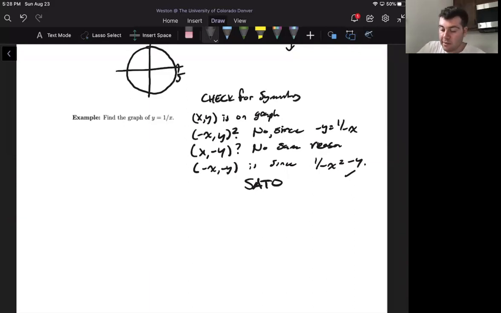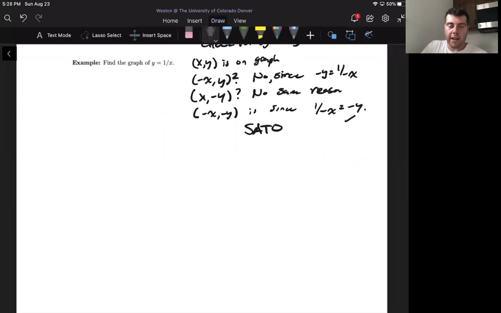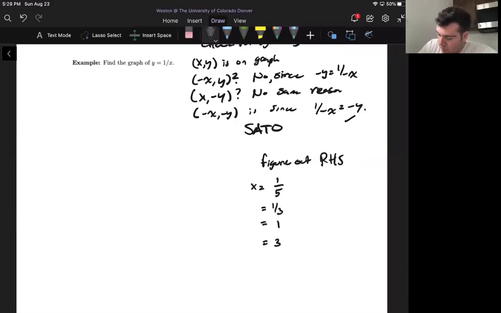And this is a really nice property to have in the graph because it tells us, and we'll see how it's useful, that if we know the right-hand side of the graph, then we know the left-hand side. So we'll figure out the right-hand side. And so maybe we want to graph the values x equals 1/5, 1/3, 1, 3, and 5.